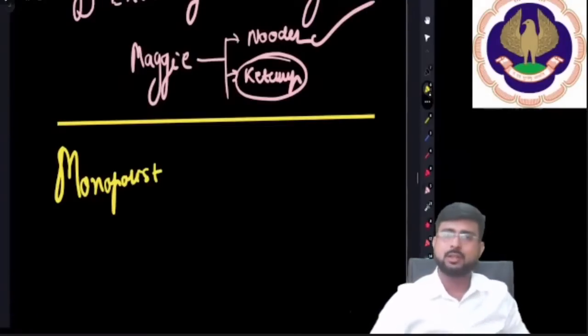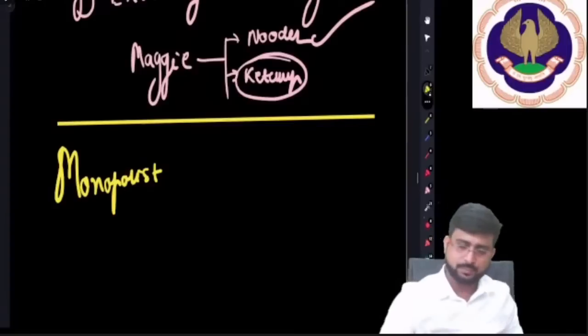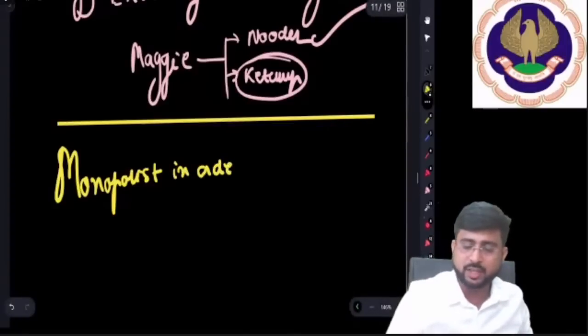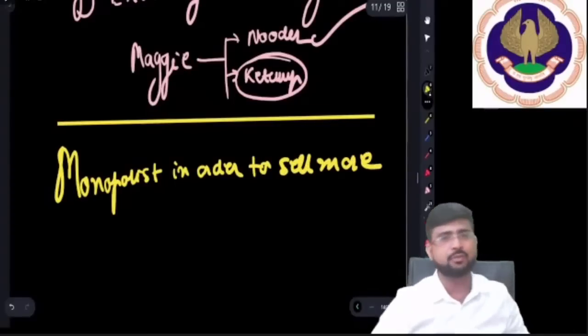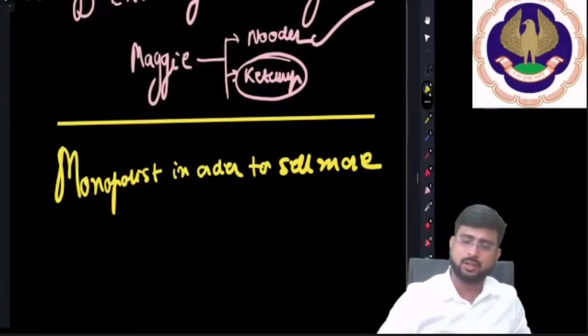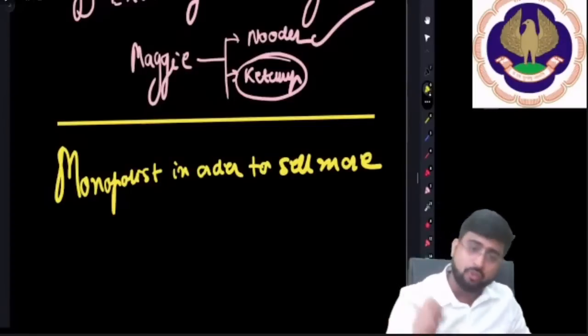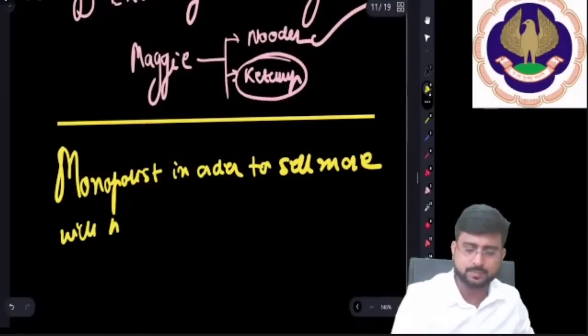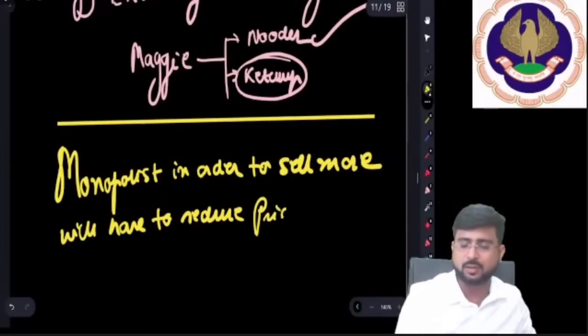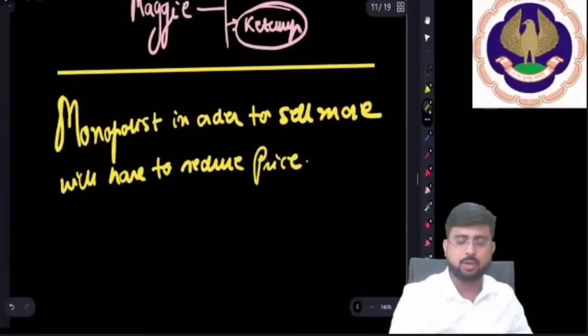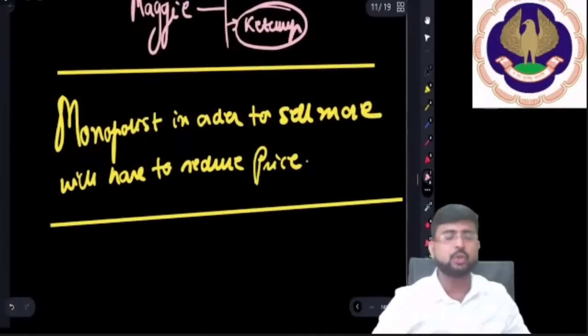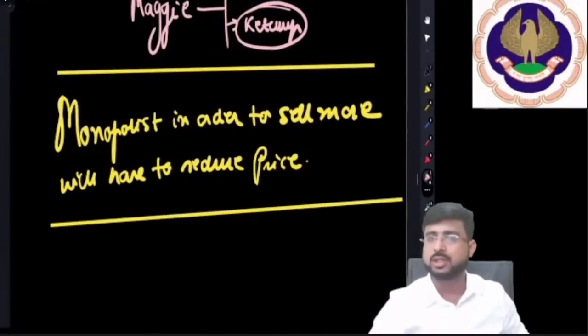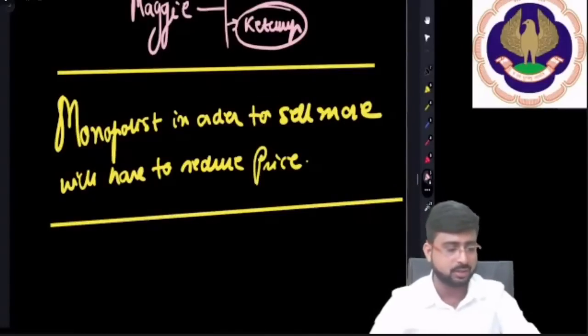But here, the monopolist, in order to sell more, will have to reduce the price. There is no other option left. It's not a bloody option, you see. It has to reduce the price if it wants to tap more markets.